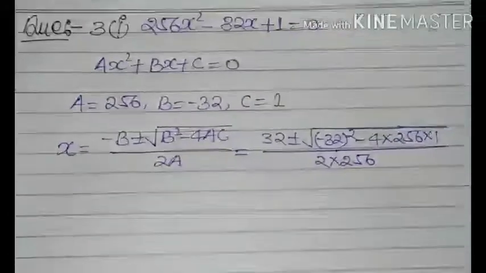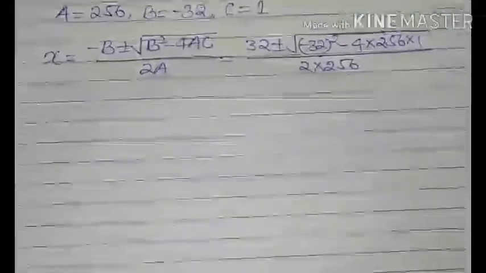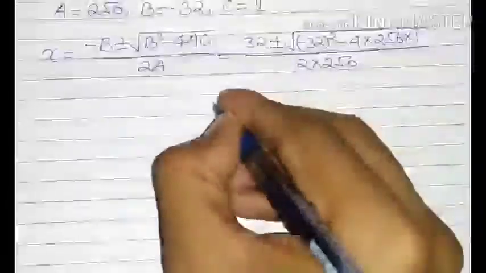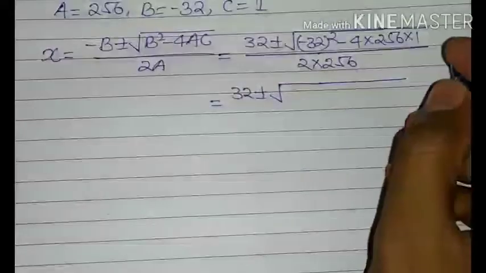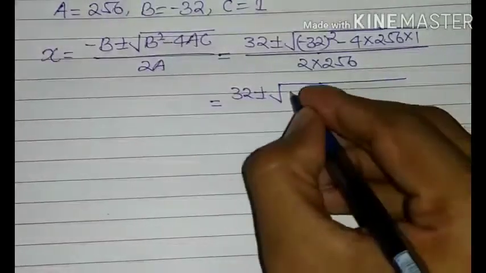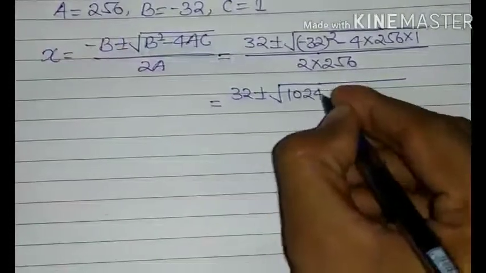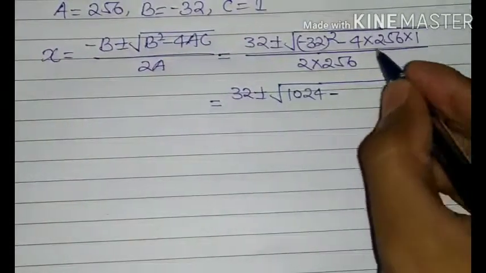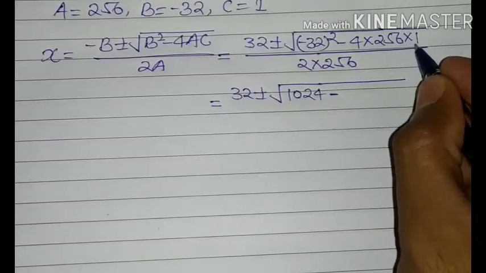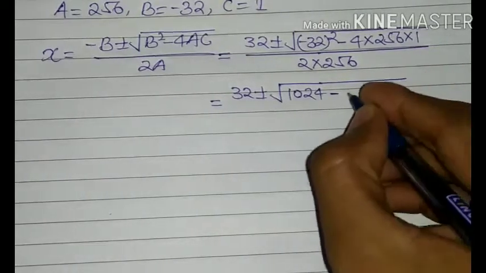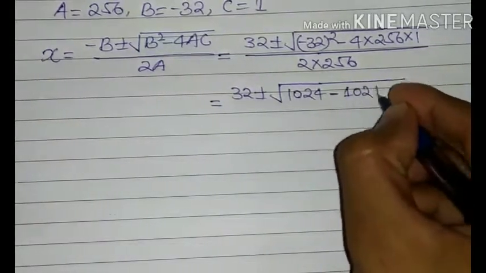Okay, and by simple calculation, which is equals to 32 plus minus root over, the square of 32 is 1024 minus the multiplication of 4 into 256 into 1 will be 1024 also.